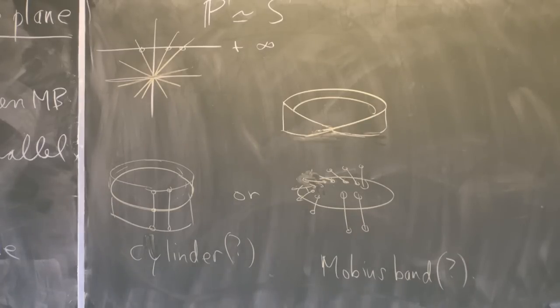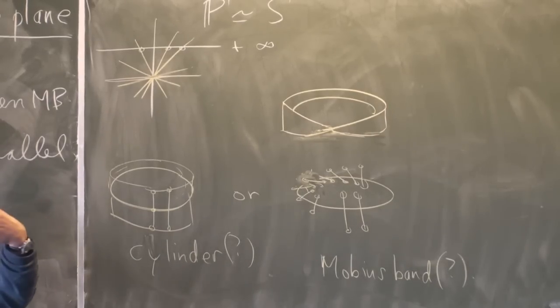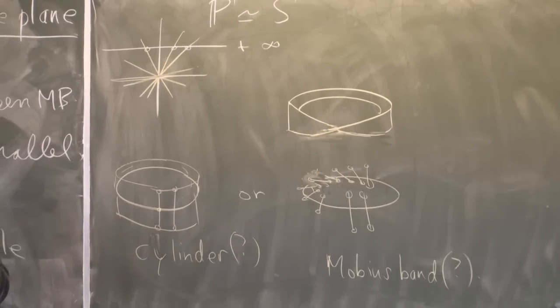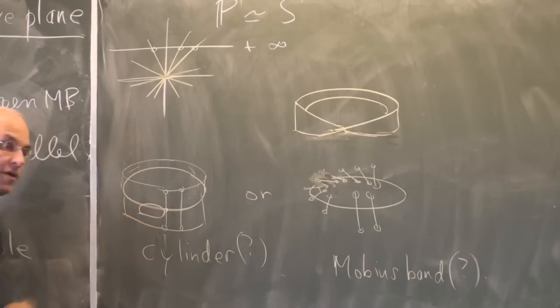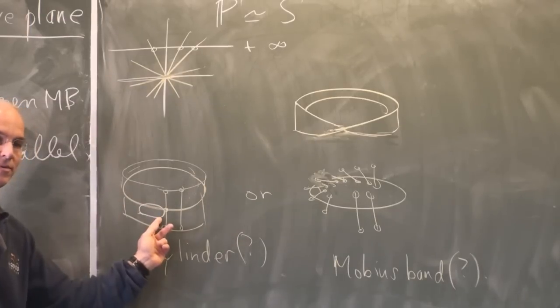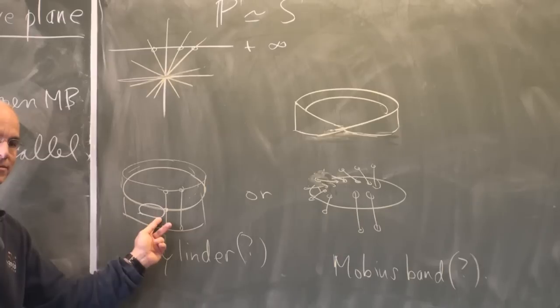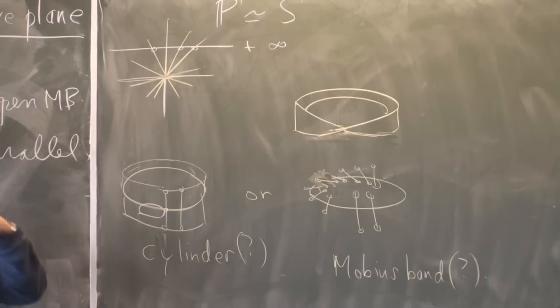One nice way of telling the cylinder apart from the Mobius band is using the idea of genus. Remember, the way we distinguished between toruses is we drew a little loop and asked, can we separate the space with a loop? Now, any loop that we draw on the cylinder is going to separate it, even if we draw it all the way around.